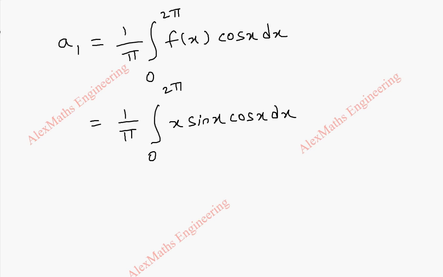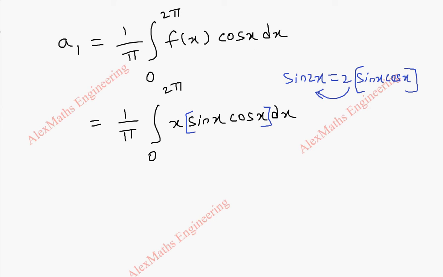And we have a formula for sin 2x, which is 2 sin x cos x. So taking this 2 down, we get sin x into cos x as sin 2x by 2. So I'm going to apply that here.